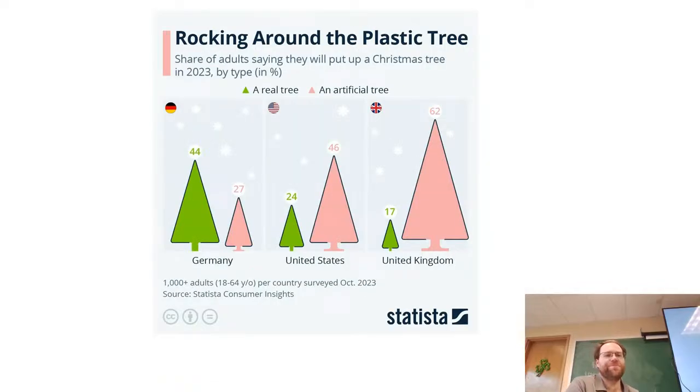Here's another one. Share of adults saying they will put up a Christmas tree in 2023, whether it be a real one or a plastic tree. So most people in Germany would put the real tree. Most people in the United Kingdom are going to use the artificial tree.